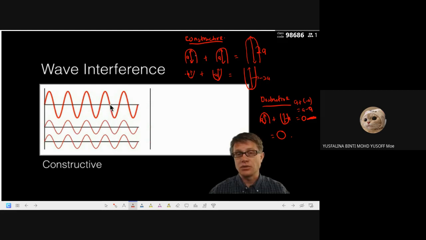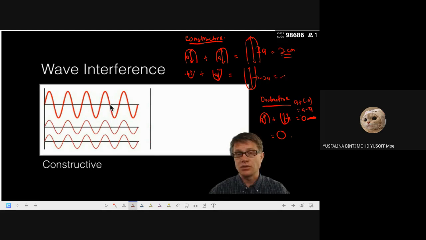So let's say I change the letter to a number. I have 1 cm of amplitude, and this one is also 1 cm of amplitude. So what happened here? The amplitude will become 2 cm when the interference occurs. But for this one, let's say I have negative 1 cm here, negative 1 cm here.